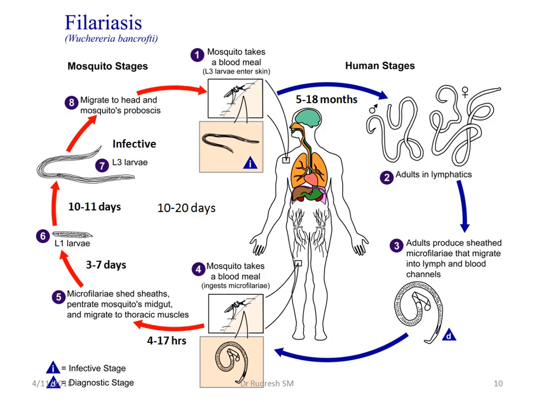Humans get the infection by the bite of the mosquito. Once the mosquito bites, it releases the third stage larva onto the skin. We know in case of malaria, if the mosquito bites, the sporozoites will be directly released into the blood. Here it cannot be so.